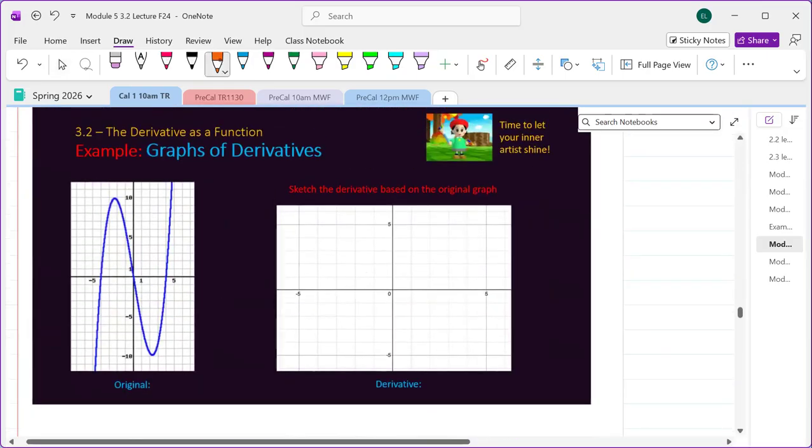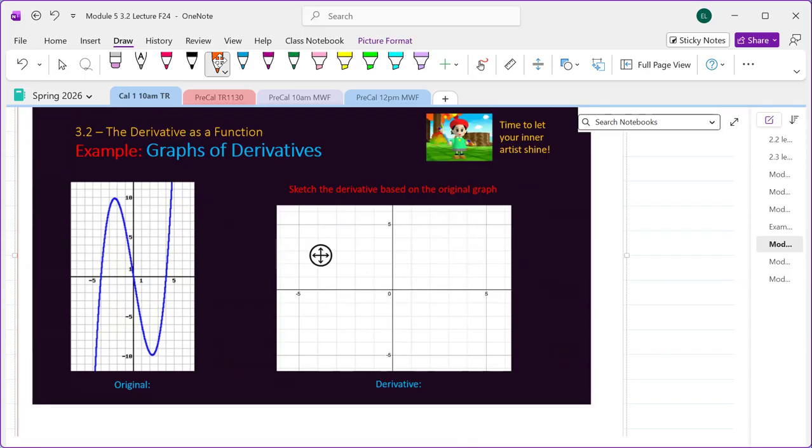If I say the derivative is 0, 0 is the y value. It occurs at x equals negative 2.3 and positive 2.3. Those are our zeros.